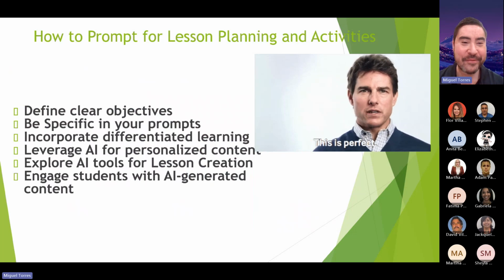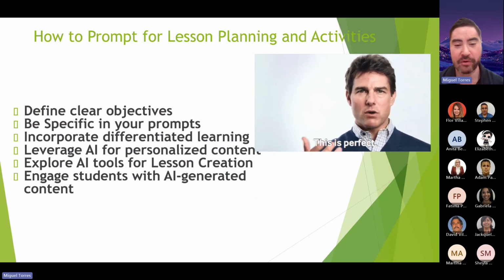This is how you're going to prompt for lesson planning and activities, right? You have to have a clear objective. You have to be specific in your prompts. Like I said earlier, when we use AI, the more specific you are, the better it's going to get. If you teach ninth grade, say, tell me how ninth grade mitosis for Biology 1 students work with a Lexile.